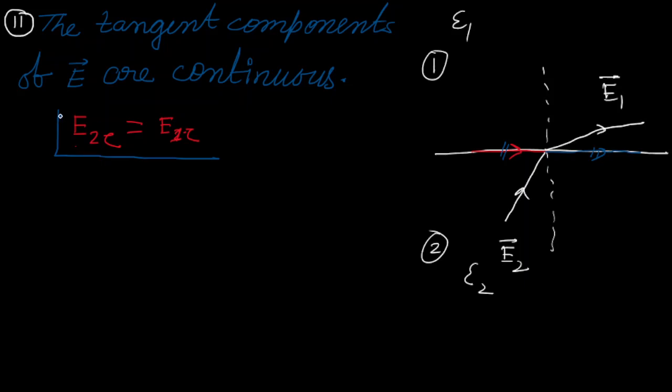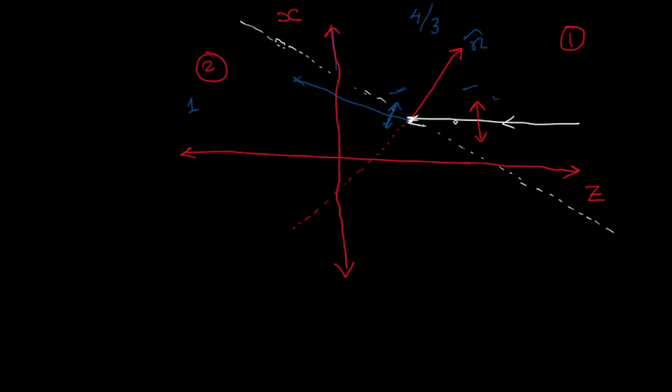So using these two boundary conditions, we can calculate what has been asked in these questions. On one side the electric field is given, and we know the equation of the unit normal on the interface. So first we have to calculate the electric field on the other side of the interface.